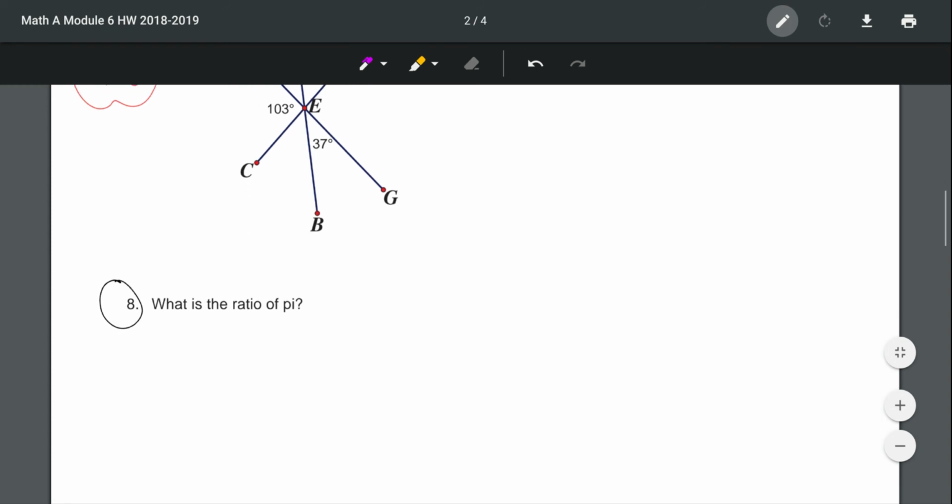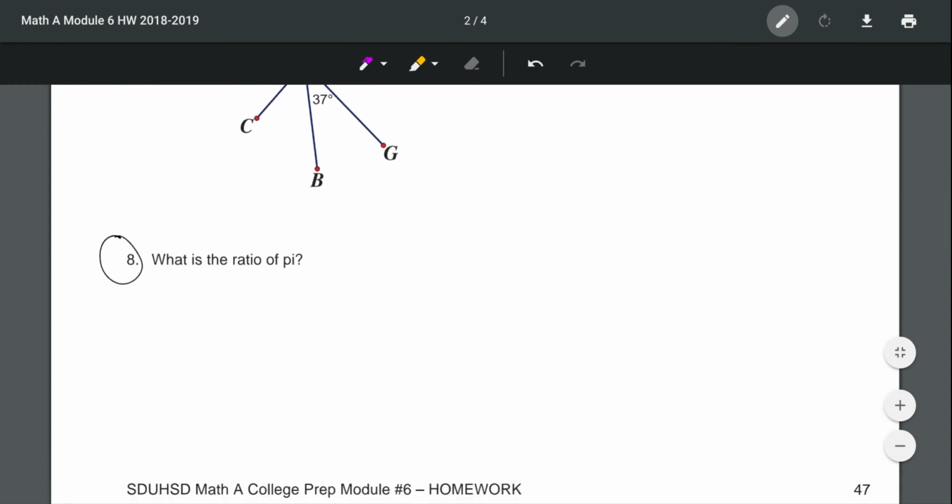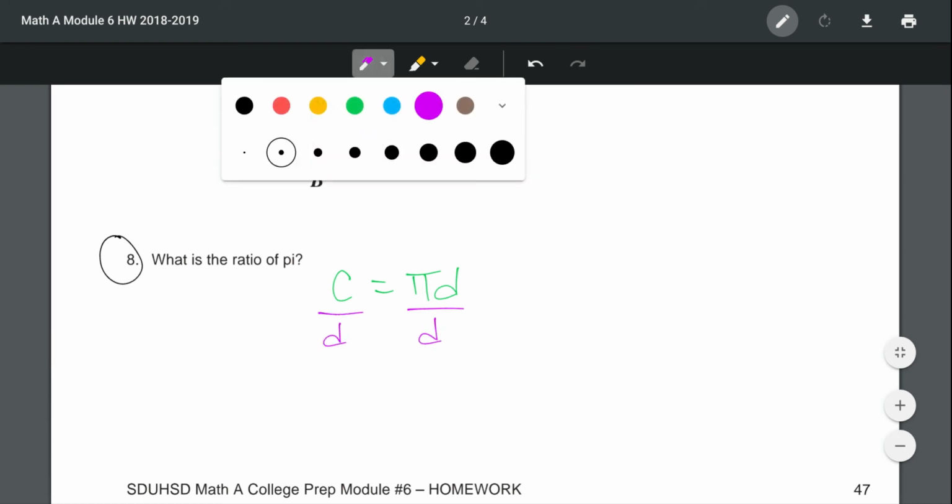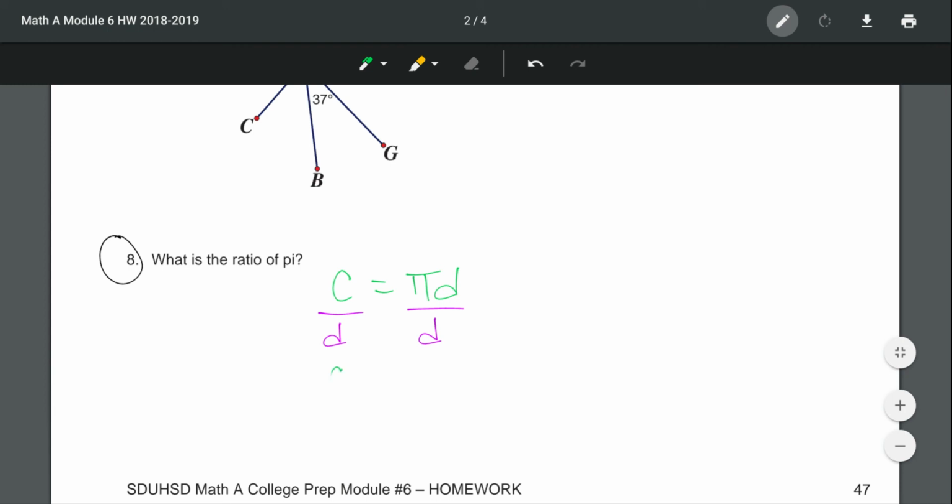Okay, number 8 is asking you what is the ratio of pi. So recall that the circumference is pi times the diameter. So if circumference is pi times diameter, and if we divide both sides by the diameter, we get the ratio of pi is C divided by d is equal to pi.